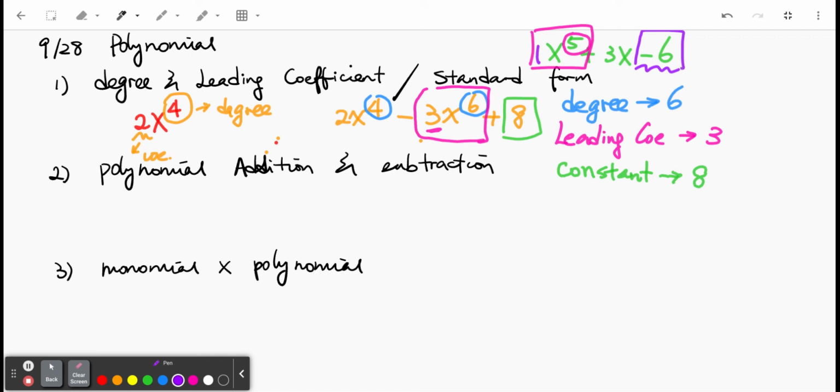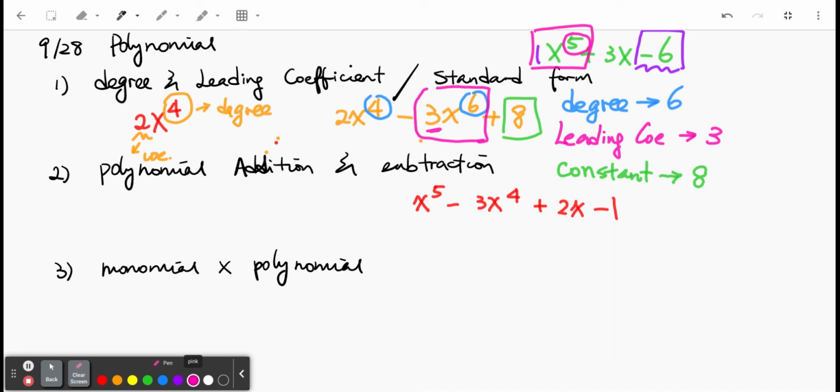Next, standard form is an expression listed in order of descending degree. Whenever you see something like x to the power 5 minus 3x to the power 4 plus 2x minus 1, to determine if it's standard form, all you have to look at is the degree.